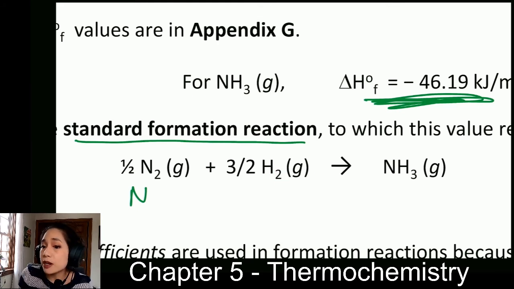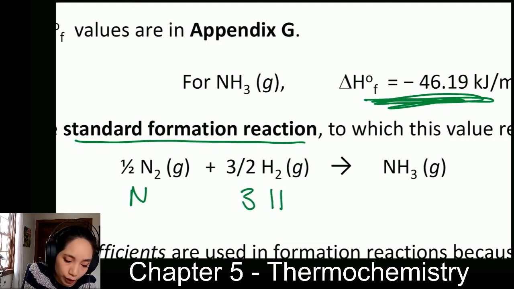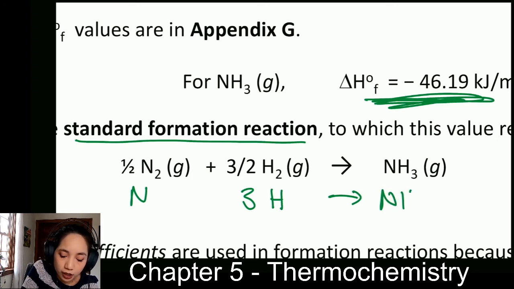But again, we need to make sure the atoms themselves are balanced. So if we put a 3/2 coefficient in front of H2, that ensures that there's 3 hydrogens on our reactant side. And so you now see everything is balanced. One nitrogen combines with 3 hydrogens to give you ammonia gas.